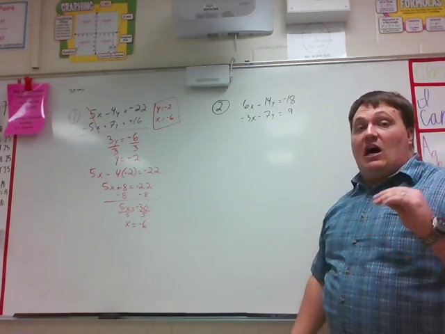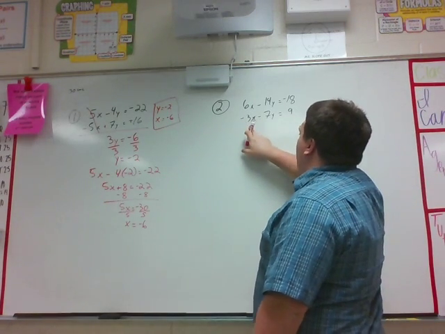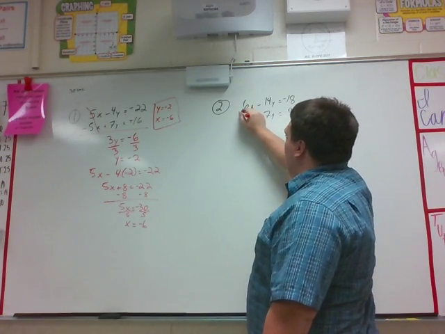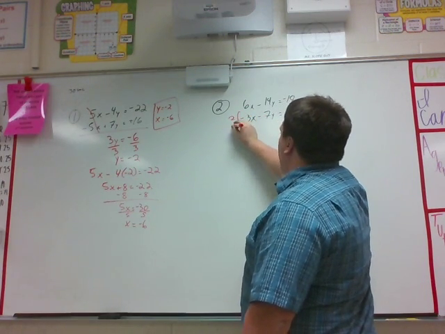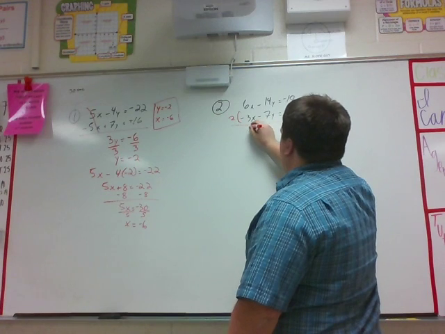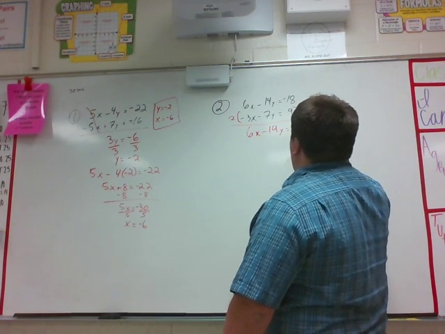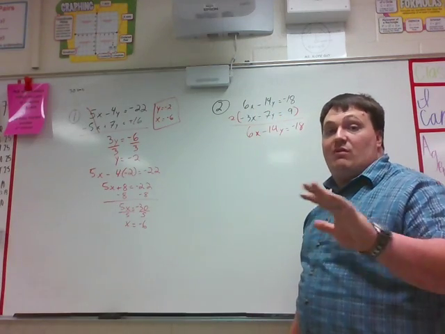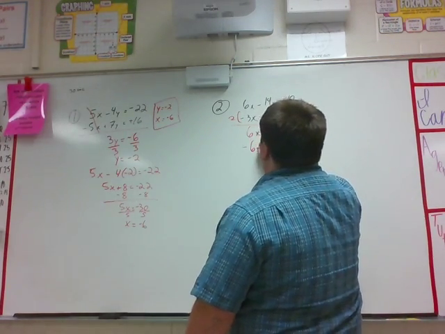Now, I already know that if I multiply 2 by 3, I would end up with 6. So what I'm going to do is multiply this entire row by 2. So now I have 6x minus 14y equals negative 18. This is the same thing as the top row, so nothing changes on the top. Then the second row, negative 6x, because I multiply here.